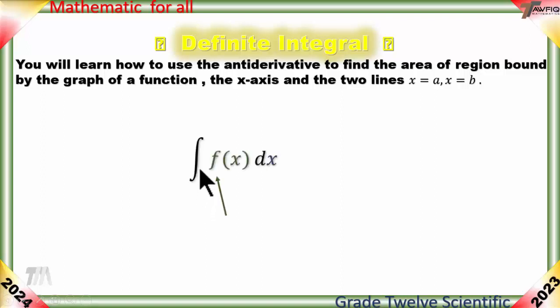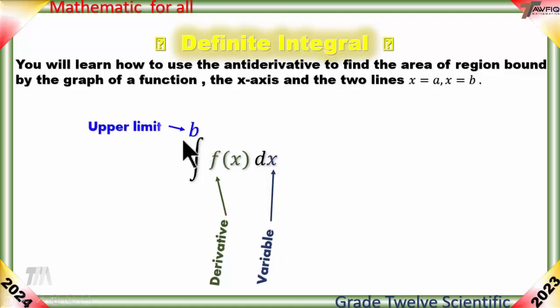Integration of f(x) dx when f is a derivative and x is a variable of derivative. B is called upper limit and A is called lower limit. Be careful, for every example A must be less than B.